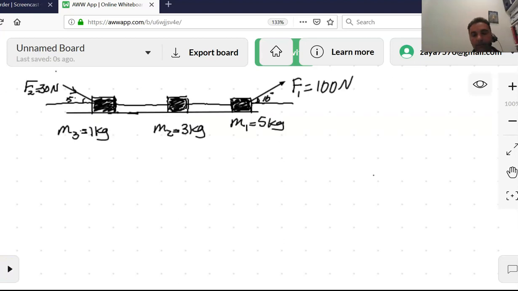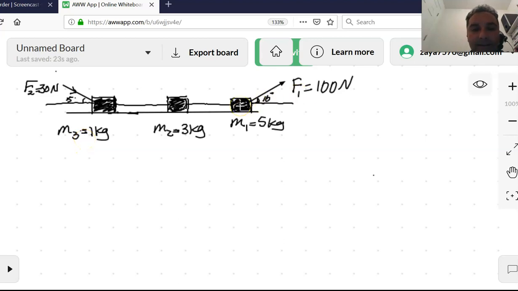Some students emailed me and asked me to go over this problem. I don't remember exactly what masses I gave you. So I wrote 5 kilogram is mass 1, M2 is 3 kilogram, and M3 is 1 kilogram.